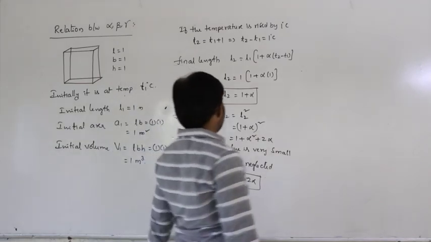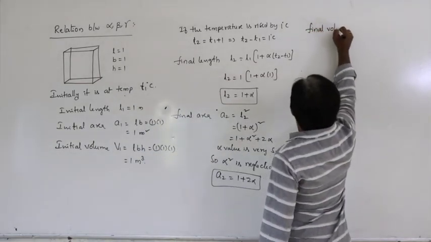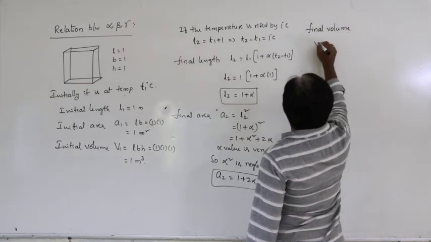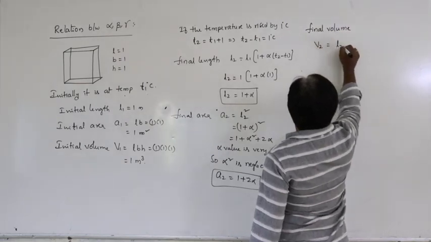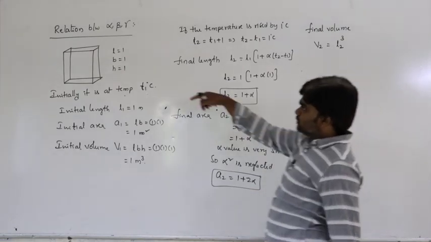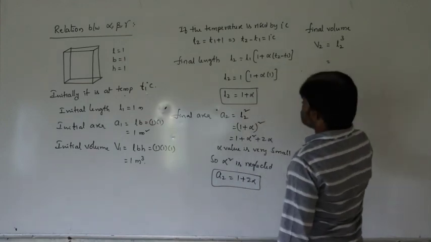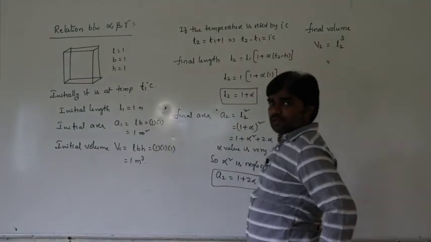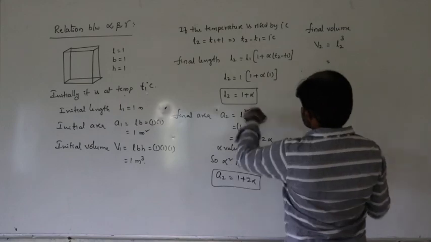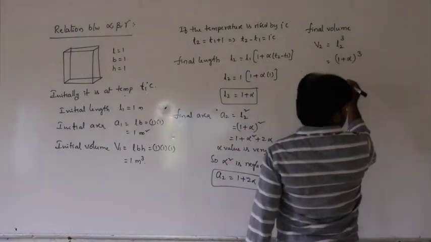So, next, final volume. Final volume V2 is equal to L2 cube, the volume of the cube. L2 is 1 plus alpha, so 1 plus alpha whole cube.